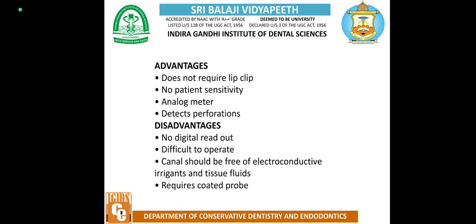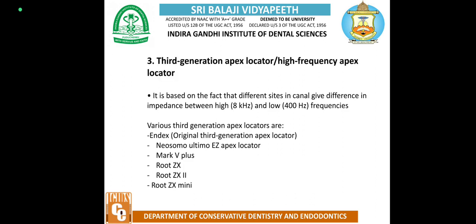Examples are Sono Explorer, Apex Finder, Exact Apex, Endo Analyzer. Advantages: does not require lip clip, no patient sensitivity, analog meter, detects perforation. Disadvantages: no digital readout, difficult to operate, canal should be free of electroconductive irrigants and tissue fluids, requires coated probe.